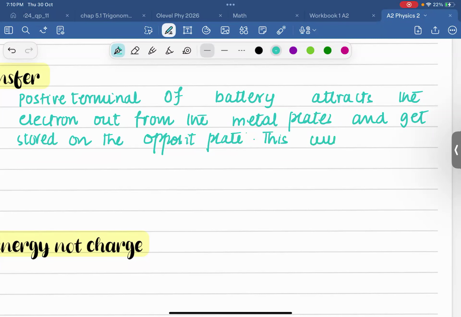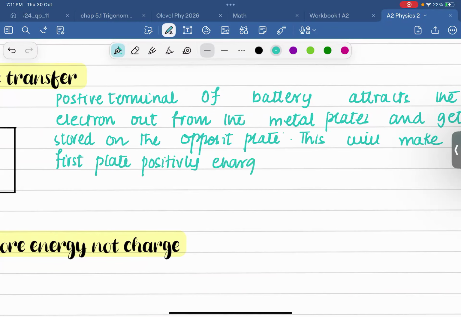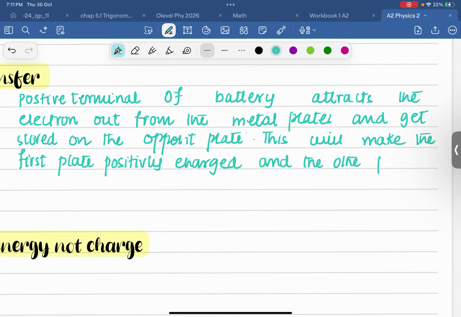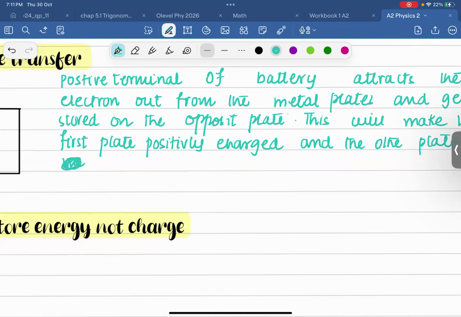Now, this will make the first plate positively charged, okay, and the other plate negatively charged, right?